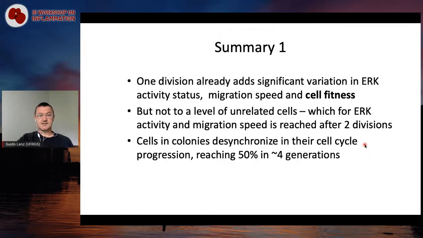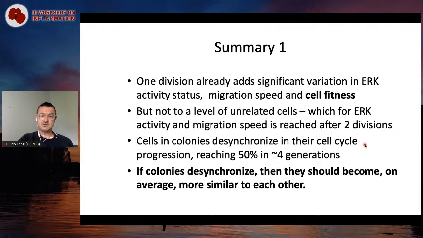And on the cell cycle progression, you need about 4 generations to reach 50% desynchronization. So if the cells in the colonies become gradually different, we would expect that the colonies themselves become more similar.